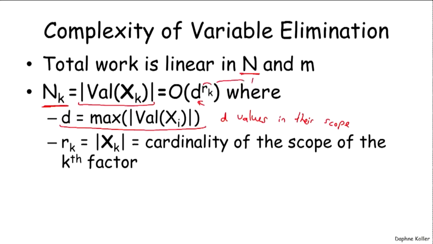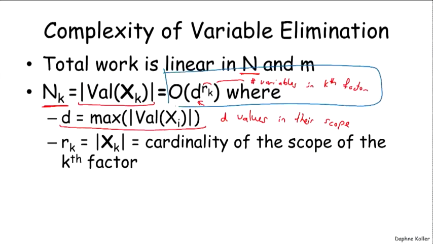That is the number of variables in the kth factor. And so this is, over here, our big source of exponential blowup.